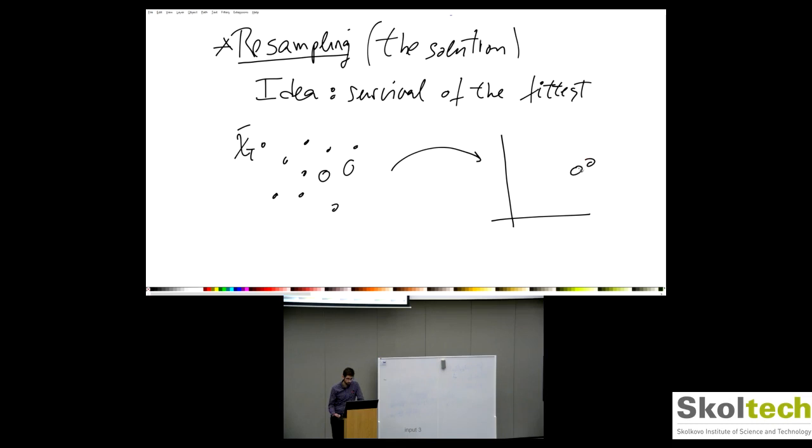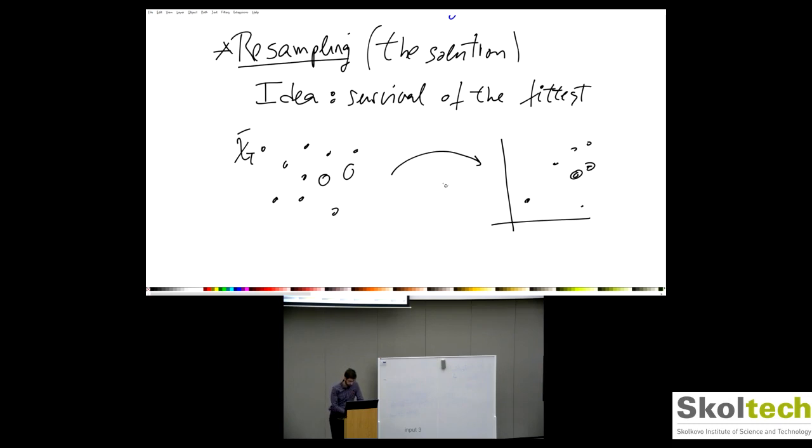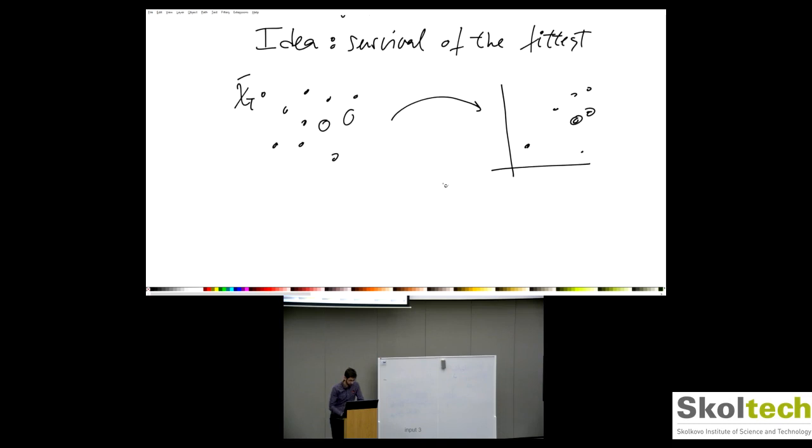For instance, these two, but we have these two a couple of times, then one of them here, one of them here. The decision is going to be proportional to the weight of each of them.